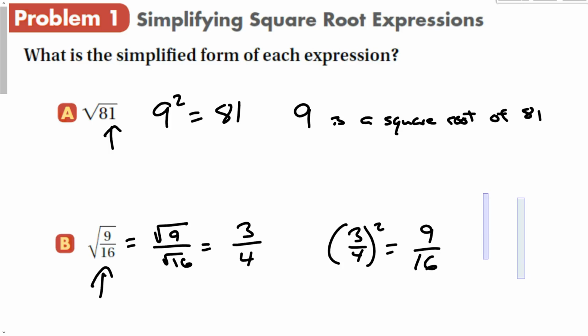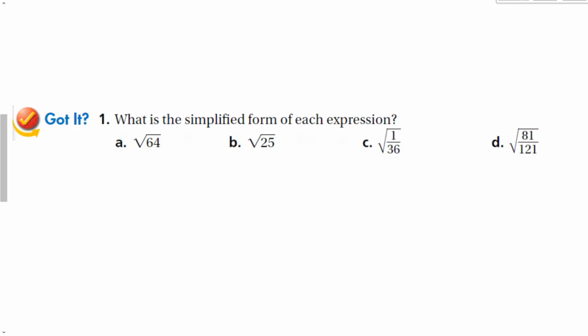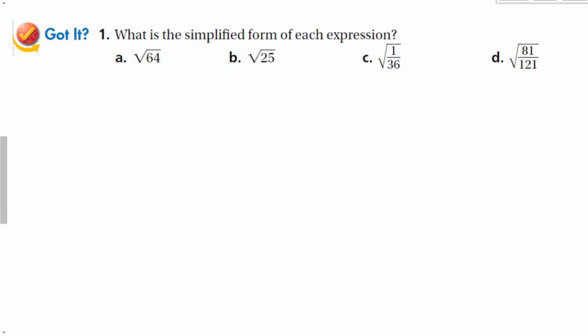Let's try a few more problems with our got it problems. Same thing. We're going to take the square root of 64, we've got to figure out what times what gives me 64, which is 8. What times what gives me 25? That's 5. Well, 1 over 36, think about them again as a top and a bottom.